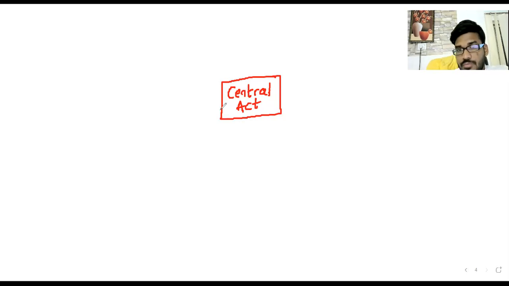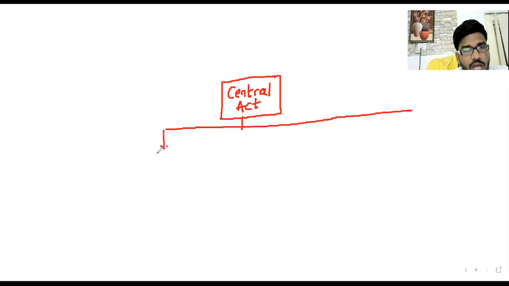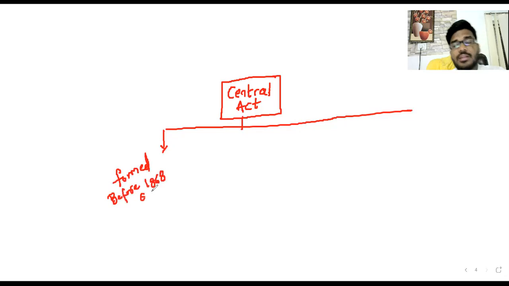So listen carefully. Central Acts are formed before 1868, that is, before the 1868 General Clauses Act.